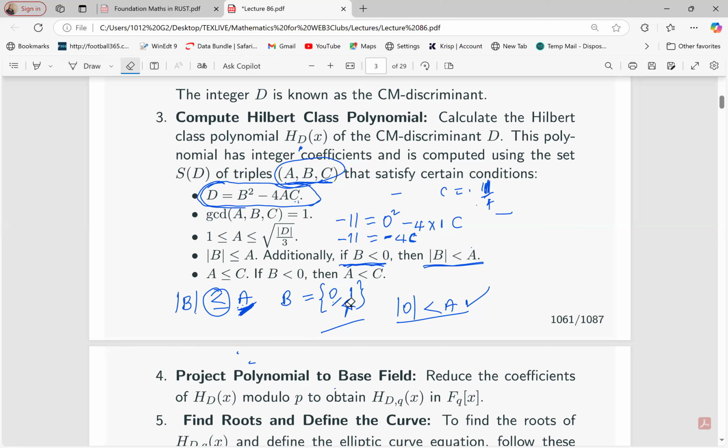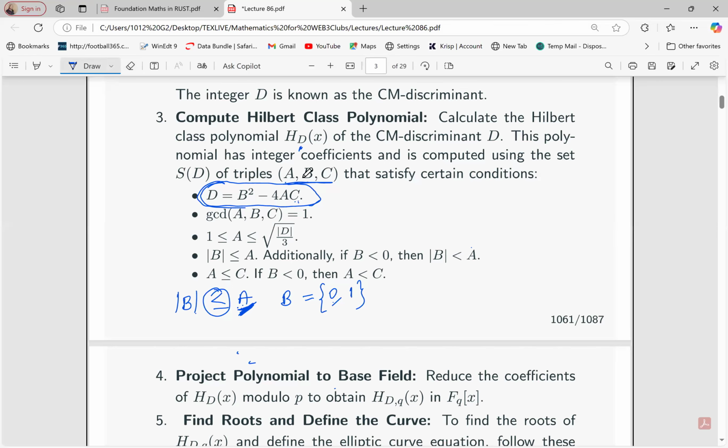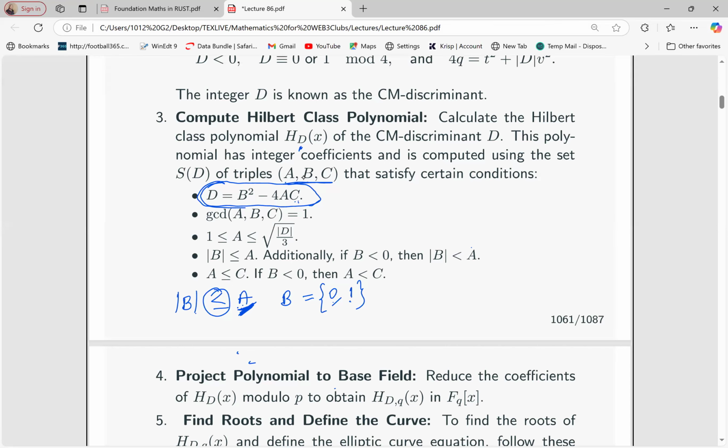What about if B is 1? Can B be 1? One of these must be 0 or 1 or both. But we've already disqualified it from being 0, because when we tried to find C, we did not find an integer. Now, what about if B is 1? D was negative 11 and B is 1, minus 4C, because A is 1.